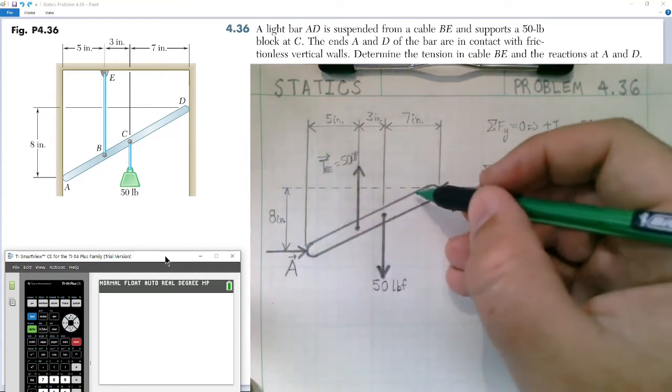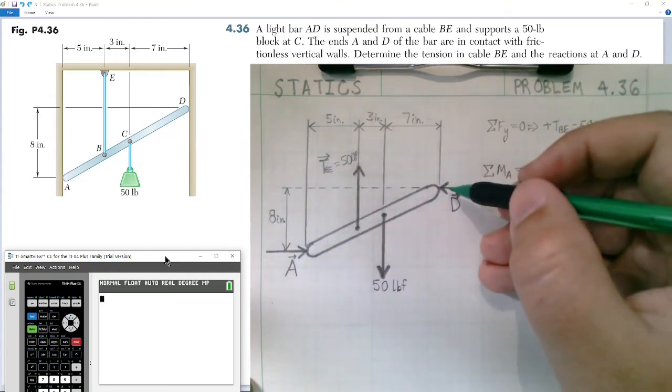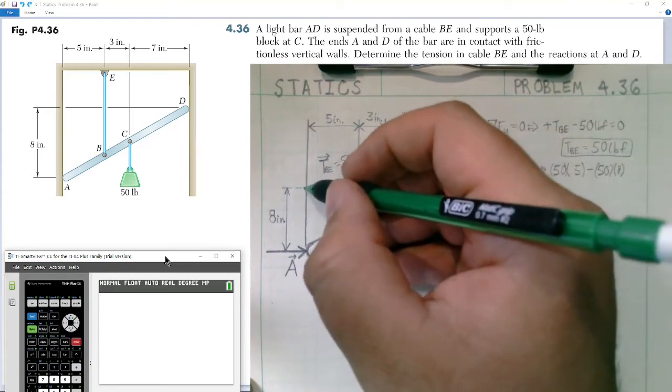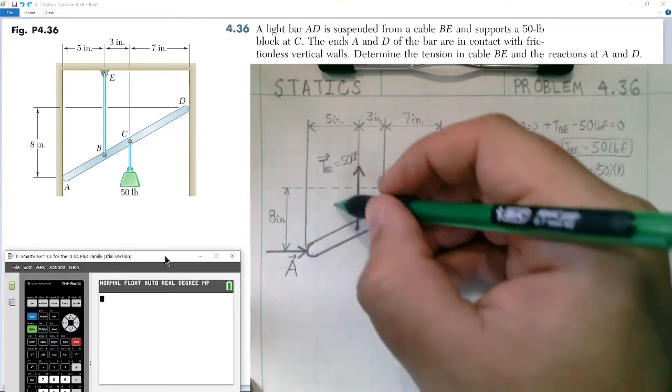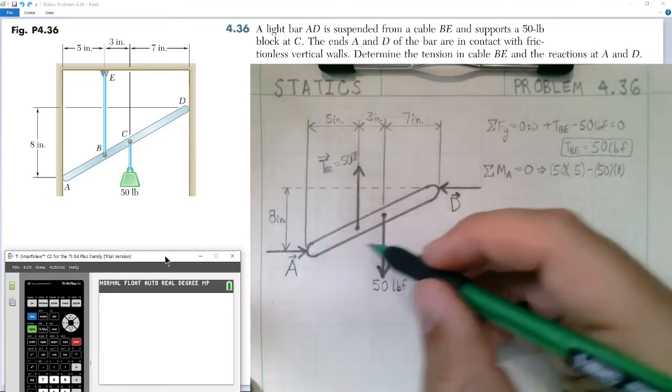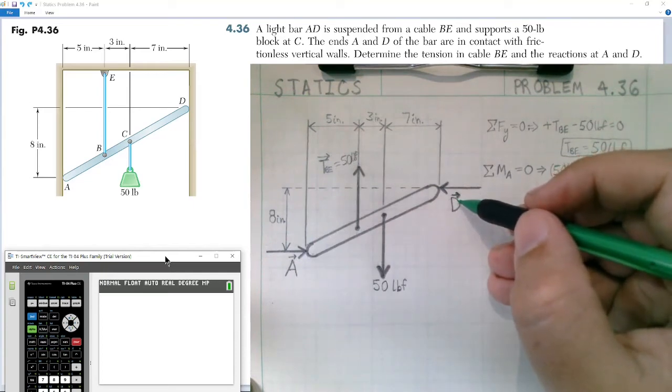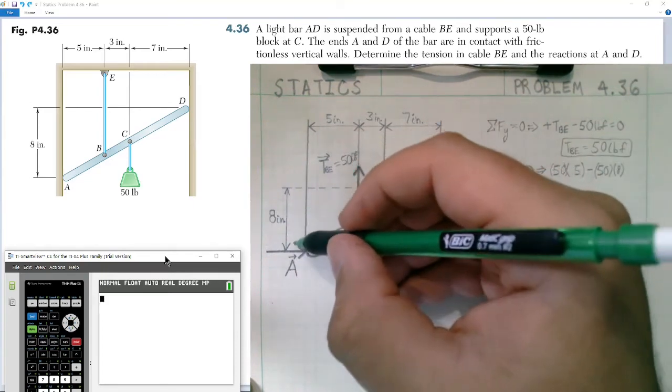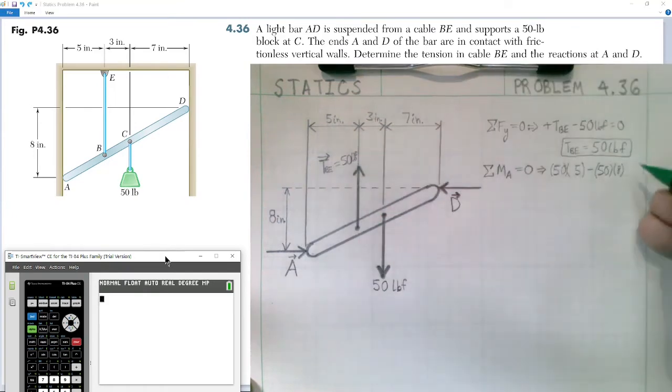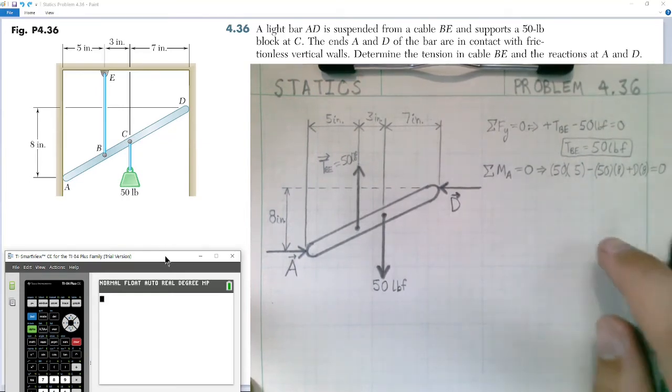If we extend the line of action of the force to right here, we see it's acting in a counterclockwise moment about A. So we have the reaction at D multiplied by its perpendicular distance to point A, which is 8 inches. So we have plus counterclockwise moment D times 8, and this must be equal to 0.